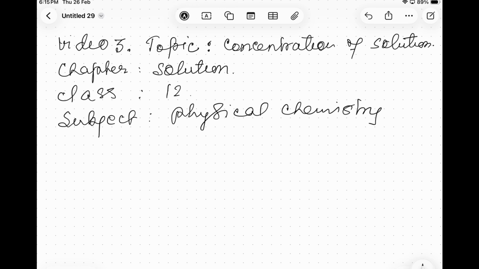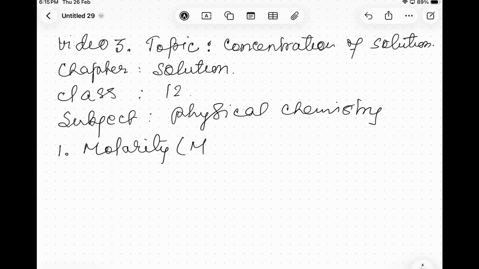Today, we will solve JEE standard numericals on each term. Let us start with molarity.